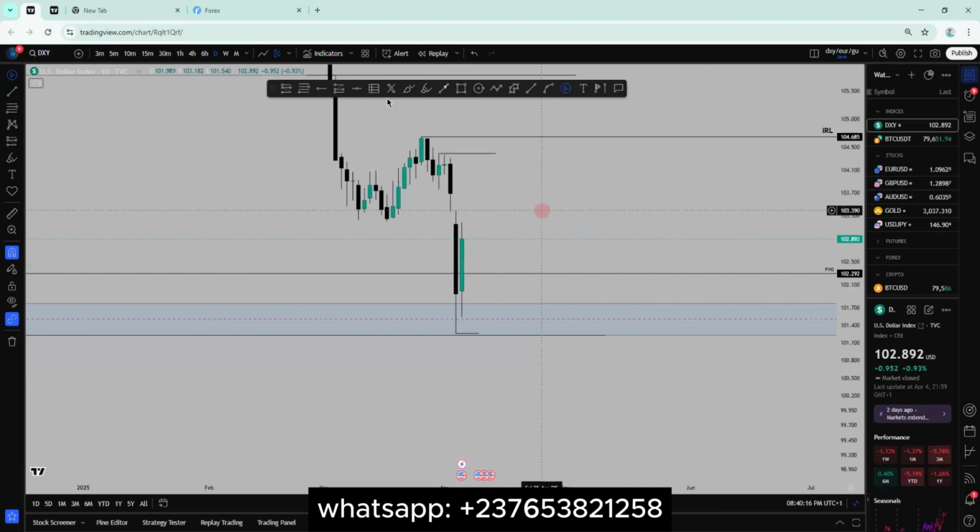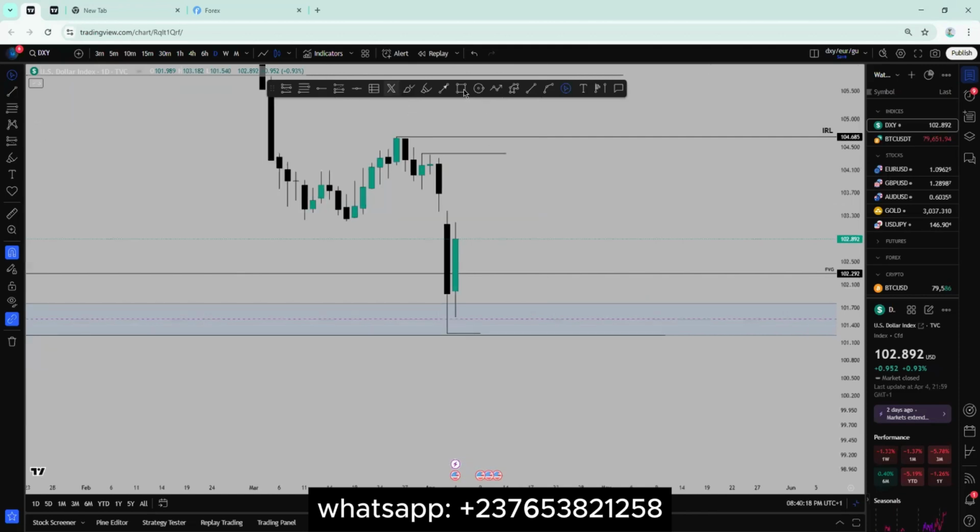Then at this level, the daily is actually a little bit complicating. The daily is not so clear based on the fact that we have this as an inside bar. And in this area, we can see this is a breaker here. So maybe the daily wants to push up into this area and then push back lower before we continue back to the upside.